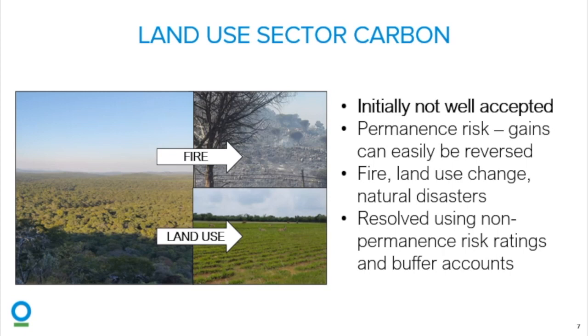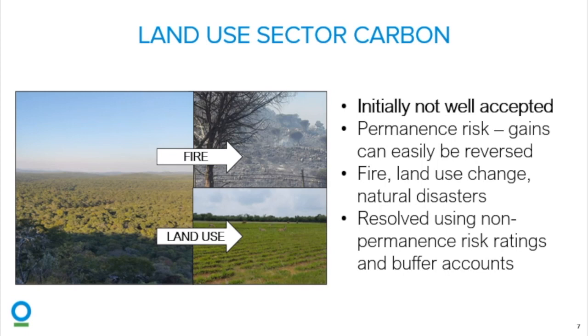So basically, if you're protecting a large tract of forest, there's often a real risk that it may burn down, or it could be cleared for agriculture, thus resulting in all the conserved emissions going back into the atmosphere.